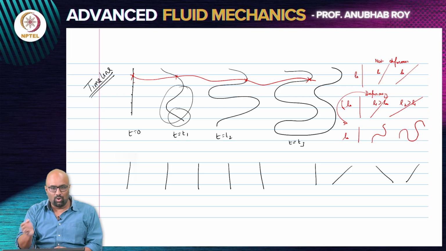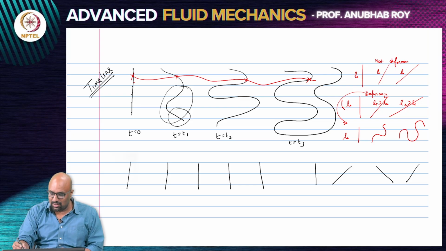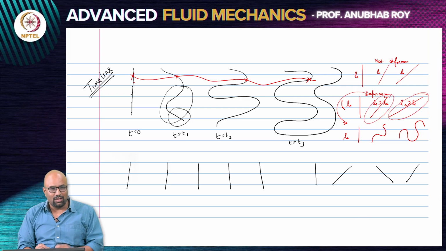When we go through this exercise of deformation, velocity gradient, and rate of strain tensor, you will see that a deformation where the line just gets stretched without any distortions is equivalent to the velocity gradient being the same everywhere in the flow. It's a constant velocity gradient. That's when you will get a picture like this.